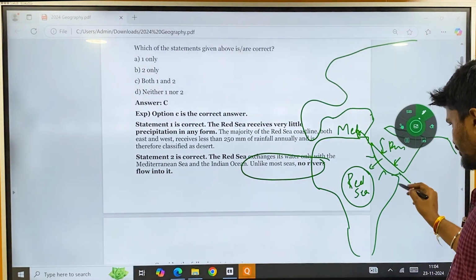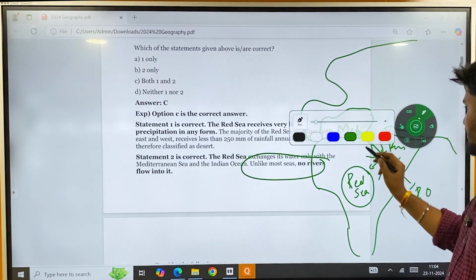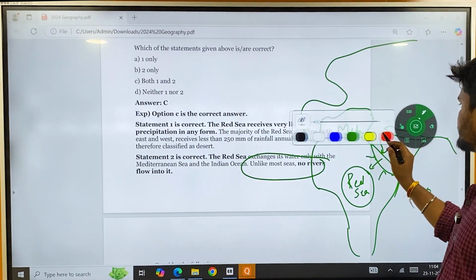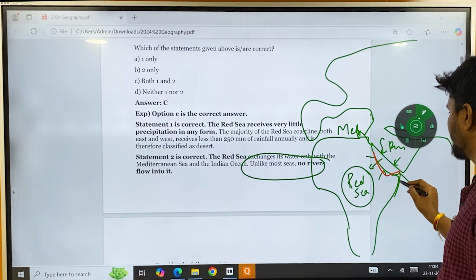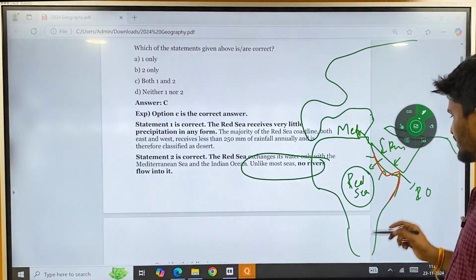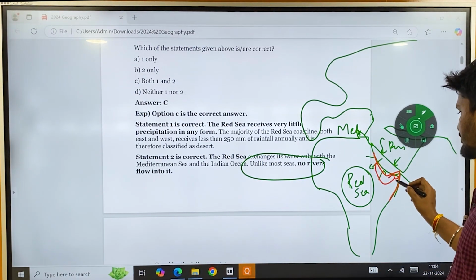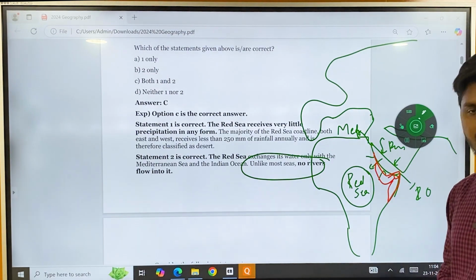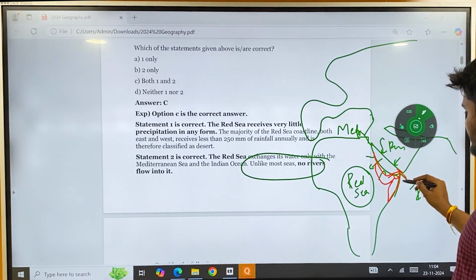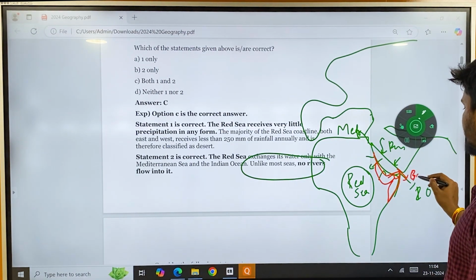And this is a very strategically important part called the Horn of Africa, which includes Eritrea, Djibouti, Sudan. This is the Horn of Africa, and this is the passage called Bab el Mandeb.